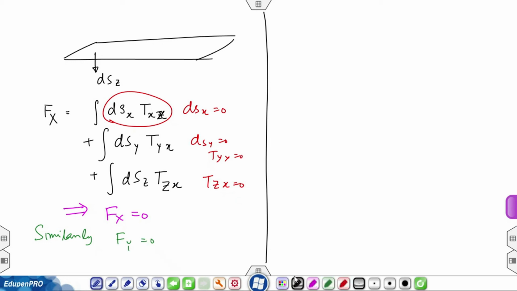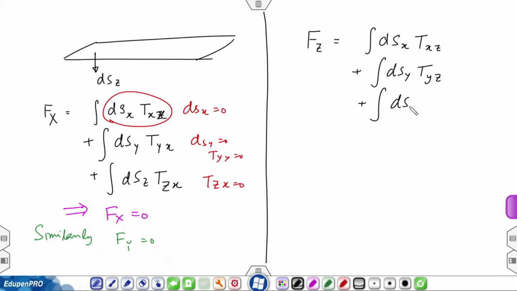So, the only component I am going to be left with is going to be in the z direction, and I am going to have d f z equals integration d s x t x z plus d s y t y z plus d s z t z z. But I have already shown you that t x z and t y z are 0. So, I am left with only d s z term. So, f z is going to be integration d s z t z z.